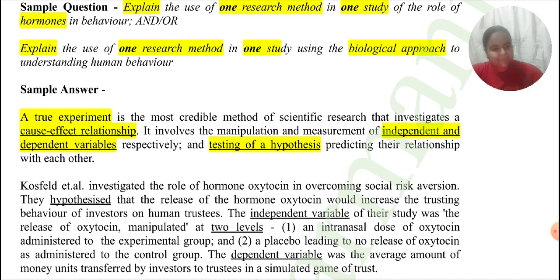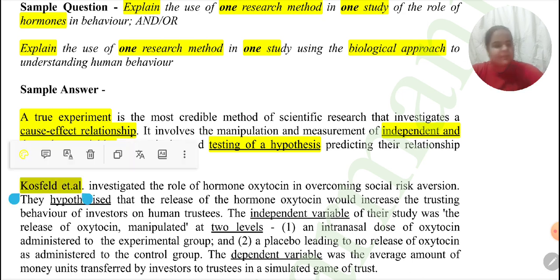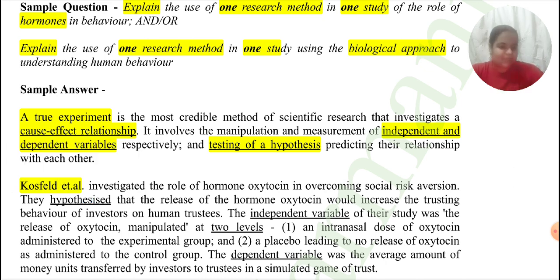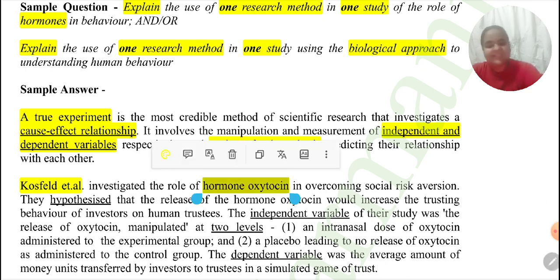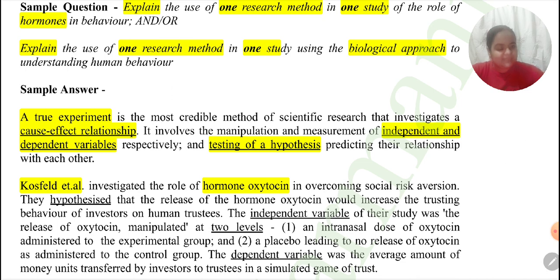Again, using the same principle, just as I got down to the research method very quickly, in the same way I have got down to naming the study immediately. Hosfeld et al. is the study that I am going to link to the research method, and I'm making the examiner aware directly right at the beginning of the paragraph. So again, I don't beat around the bush. I also name the hormone that has been investigated in this study immediately.